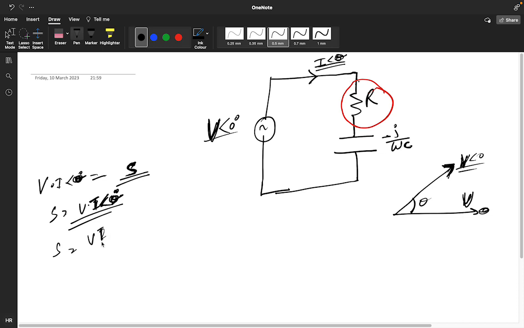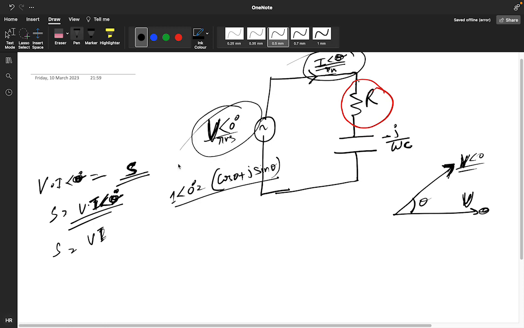V into I at an angle theta can be written as cos theta plus j sin theta, and this is the RMS value, Vrms. This is also an RMS value because we have written it in this form. So always remember this part. Vrms into Irms into cos theta plus j sin theta.